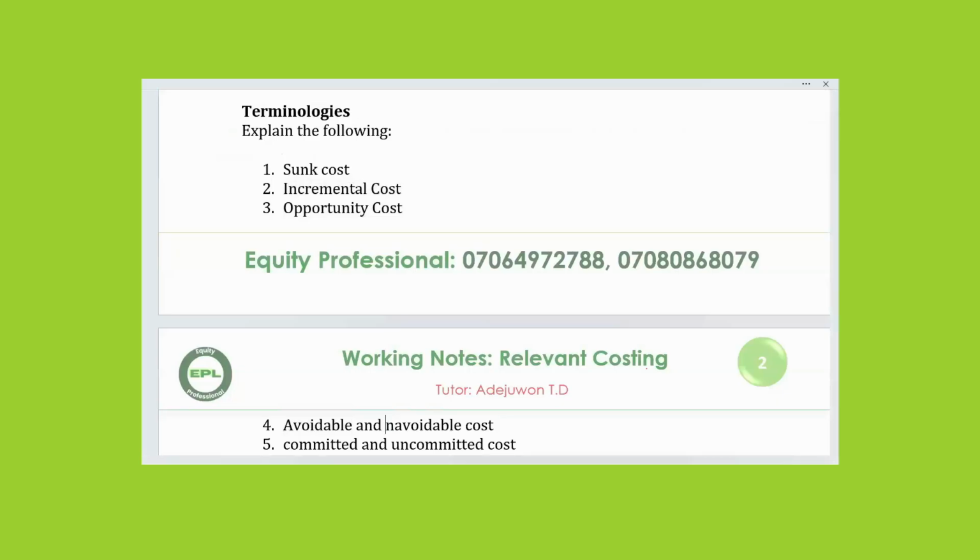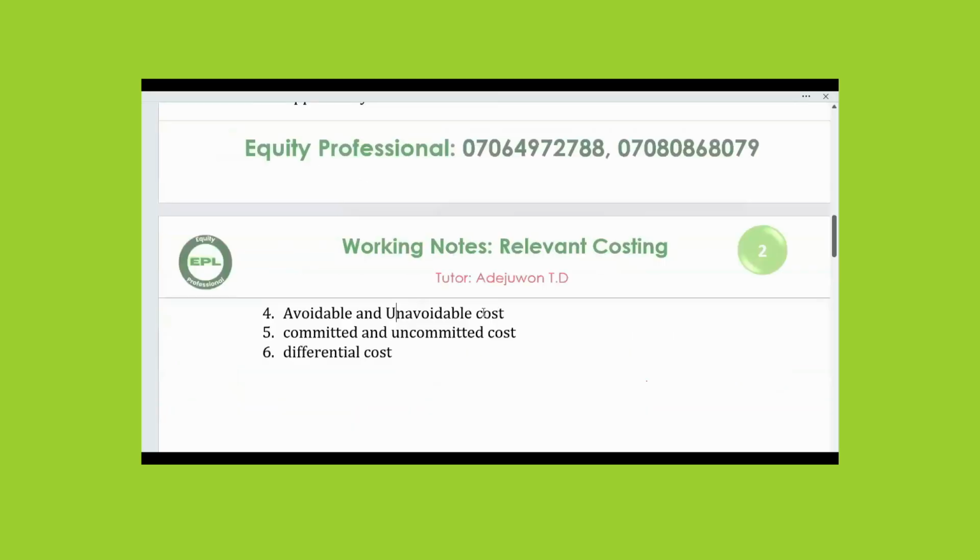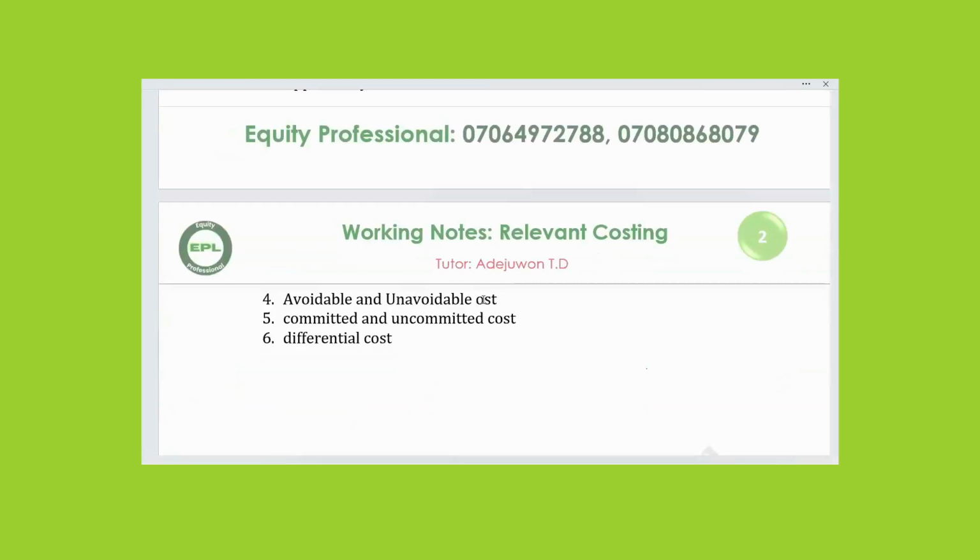I'm not going to be telling you in the class to be explaining what is sunk cost, what is incremental cost, what is avoidable, unavoidable. You have it in your study material. So just read it, summarize, and then write it in your notes, so that going forward it is your summarized note you are going to be referencing. The examiner can ask you to do that, so don't say you are not aware of this.